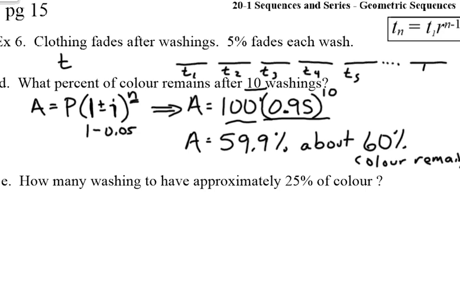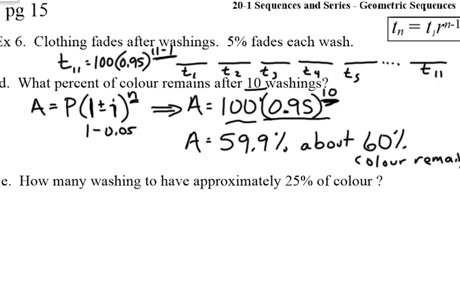So 10 washings would take us to term 11. And if I use that formula, term 11 would be initial, which is 100, times our R value, 0.95, to the N minus 1, which is still going to be our 10. 2 ways to look at the same question.